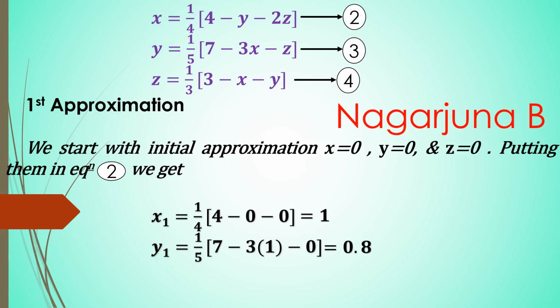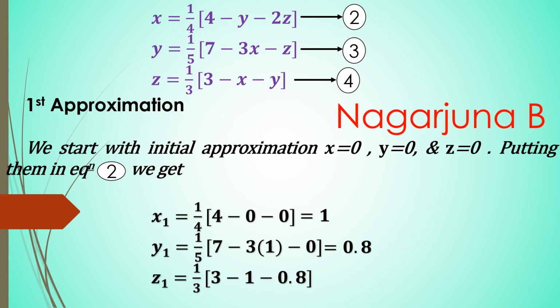Next, we need to calculate the value of z, and for that we consider equation number 4, and we need to substitute the values of x and y on the right hand side of equation 4 with 1 and 0.8 respectively. So here z1 is equal to 1 divided by 3 into (3 minus 1 minus 0.8), because the x value is 1 and the y value is 0.8, which we have just calculated.